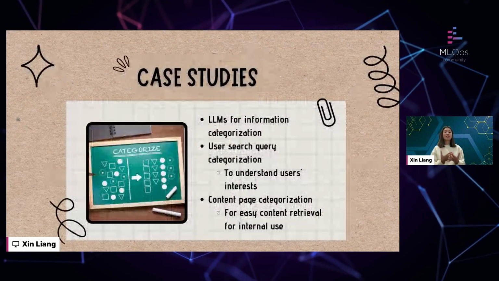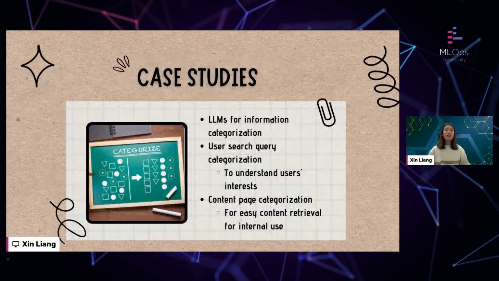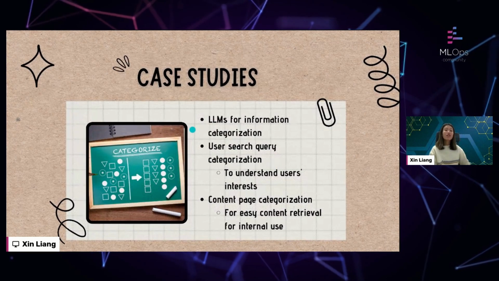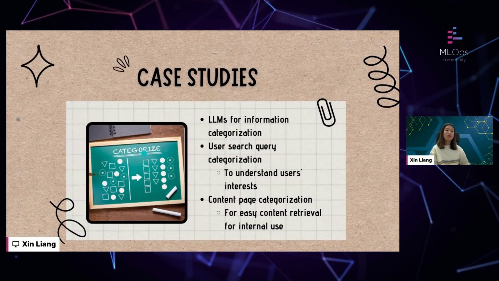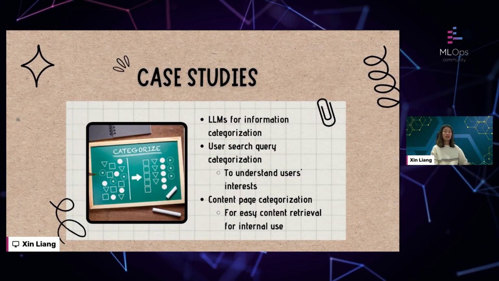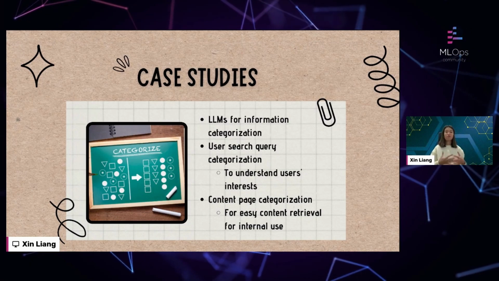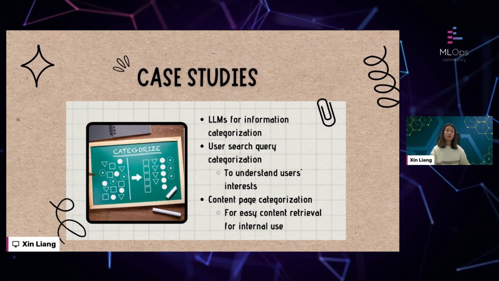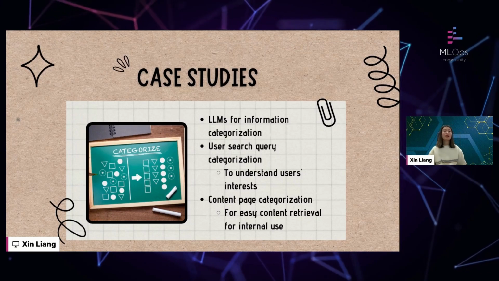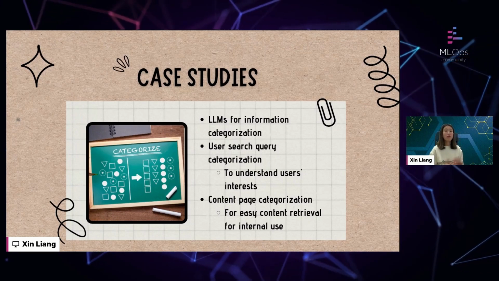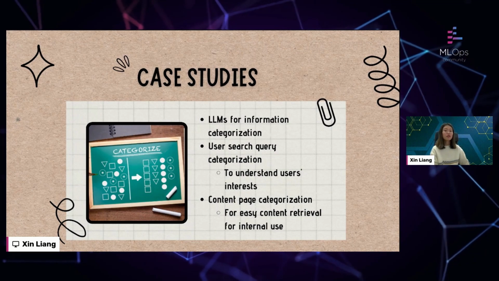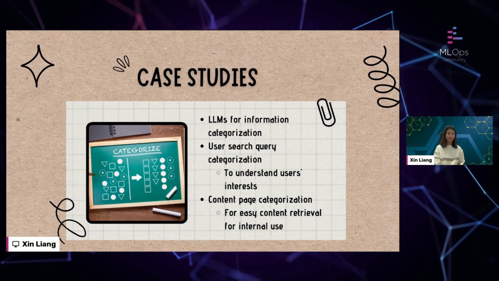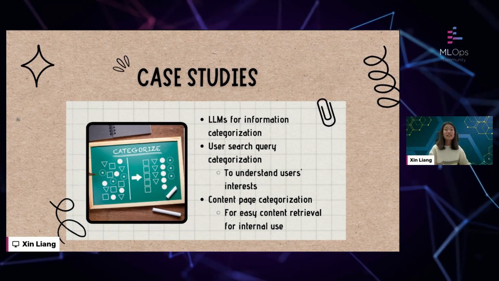One of the use cases for LLMs in Canva is for informational categorization. We have a variety of contents to form our information architecture, from design templates, media assets, to informational articles. And we would like to organize our content and information in a way that is most suitable to our information architecture with a categorization system.